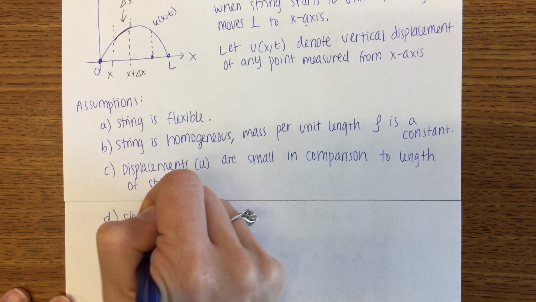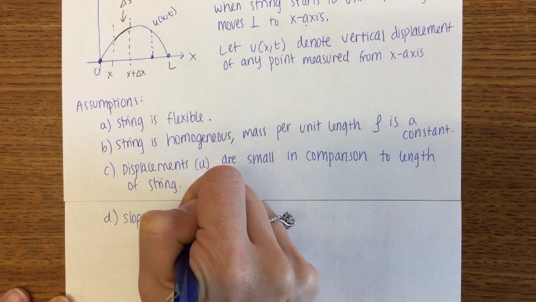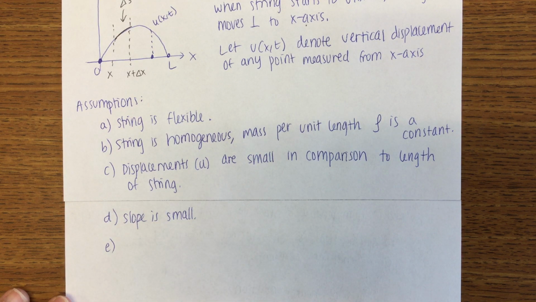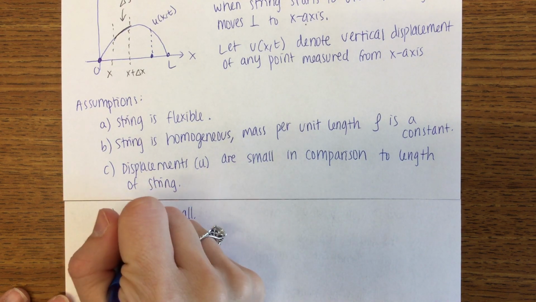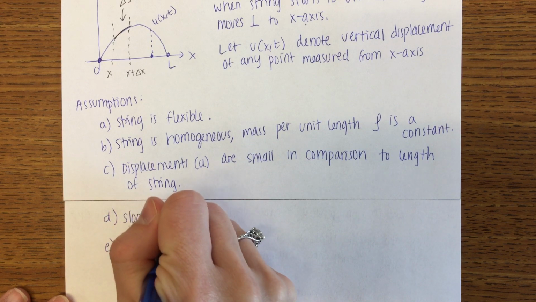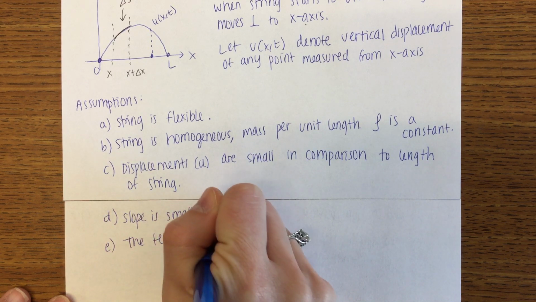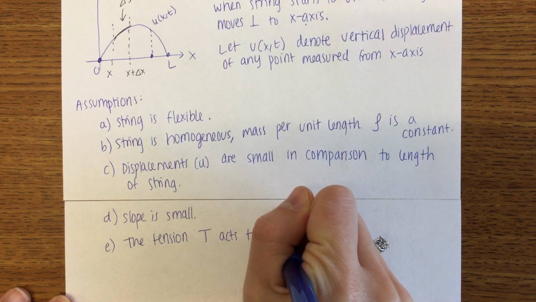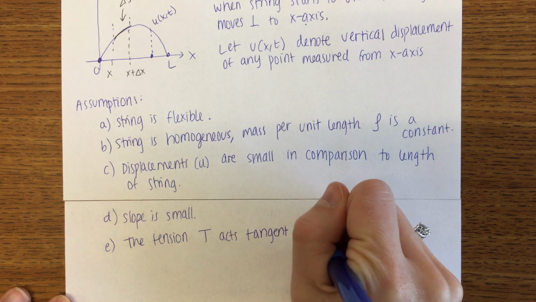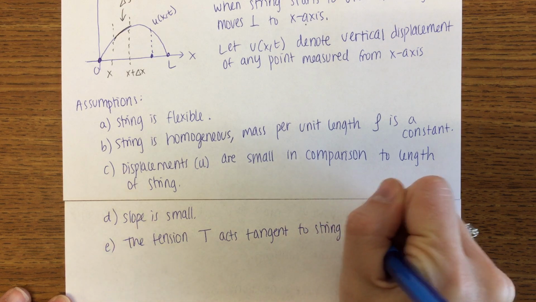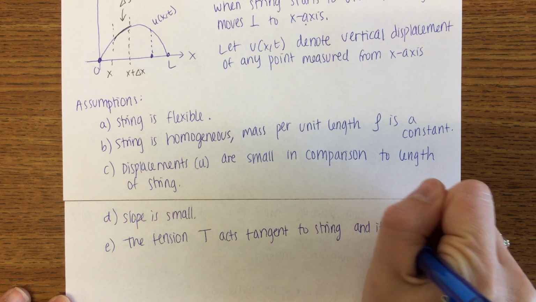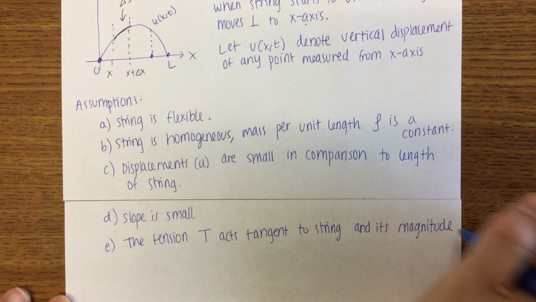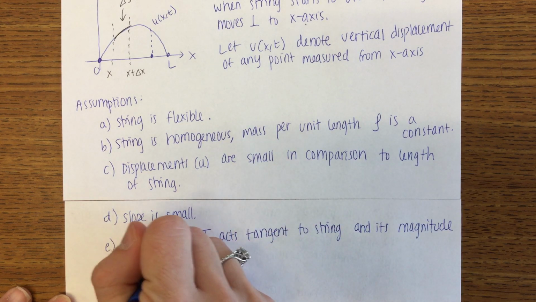We are also going to assume that the slope is small. We are going to assume that the tension, which we're going to call big T, acts tangent to the string, and its magnitude is the same at all points.